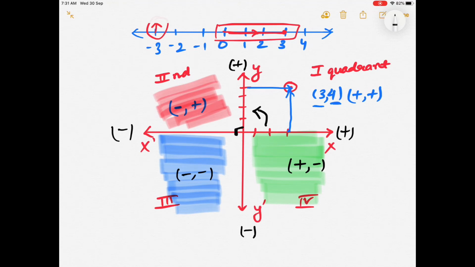So from here we say that in the first quadrant all the points have both x and y positive. One negative, meaning x is negative and y is positive, lies in the second quadrant. Both negative lie in the third quadrant, and x positive and y negative lies in the fourth quadrant. So we can remember by this method how to draw the quadrants.